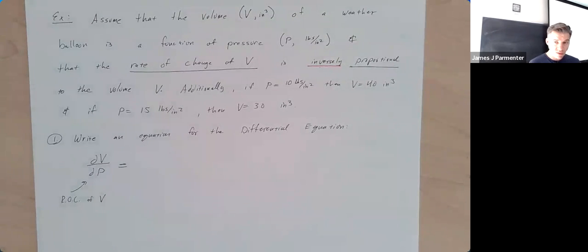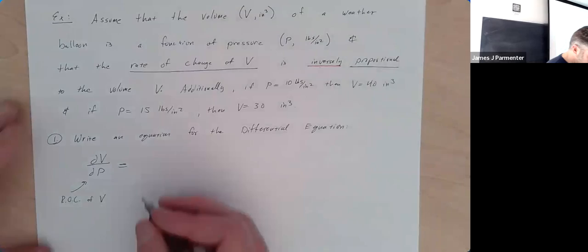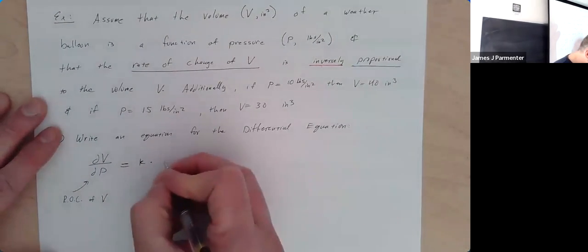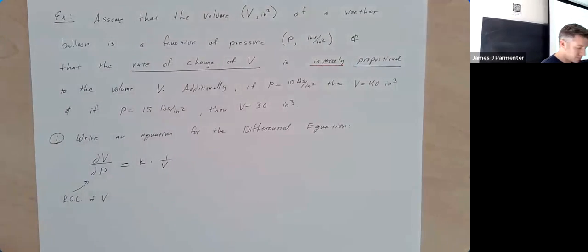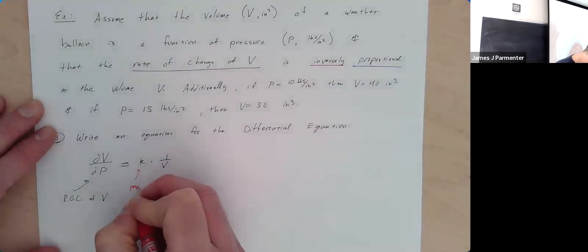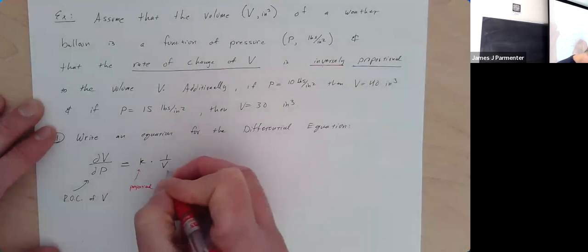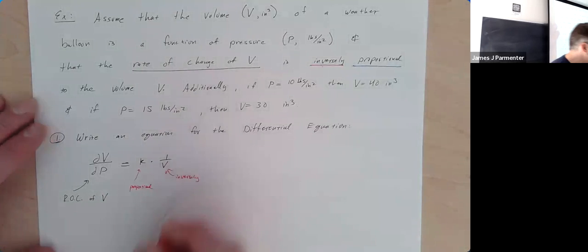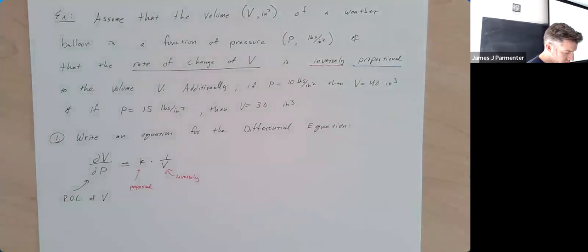If it was just proportional, I would say it's equal to K times V. But inversely proportional means it's equal to a constant, the proportional part, times the inverse of V. So there's my proportional part and there's my inversely part. That's all that is required to write the differential equation.